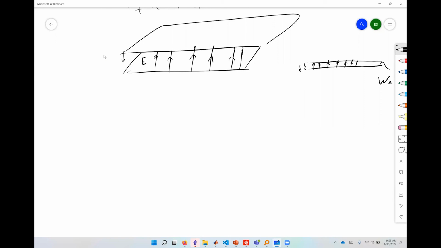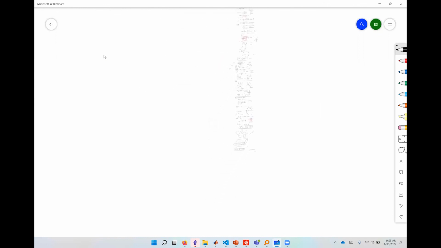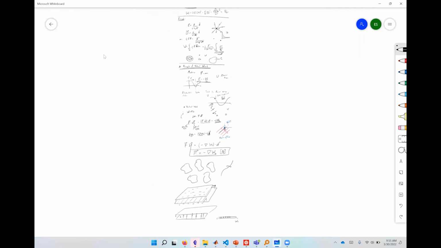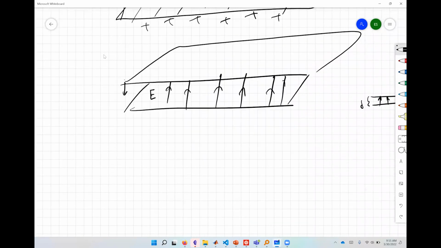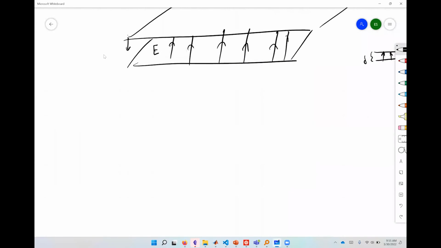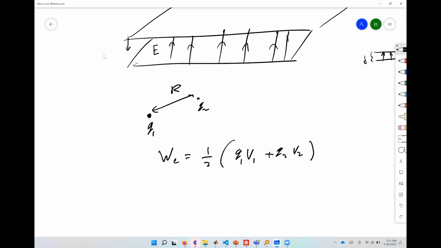Let's say everything you know about electrostatics is just from the energy concept. So you can easily derive Coulomb's law. If you have Q1, Q2, and a distance R between them, and you calculate WE, WE is half Q1 V1 plus Q2 V2.